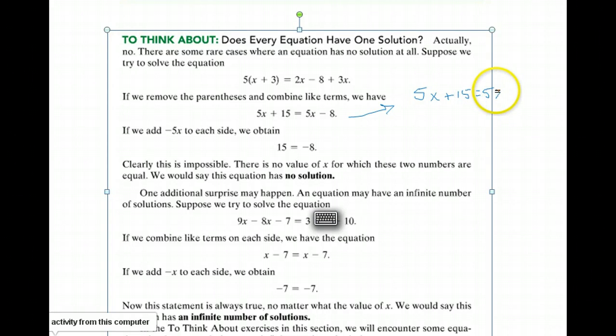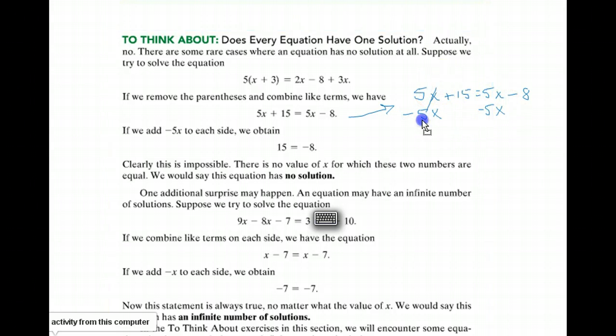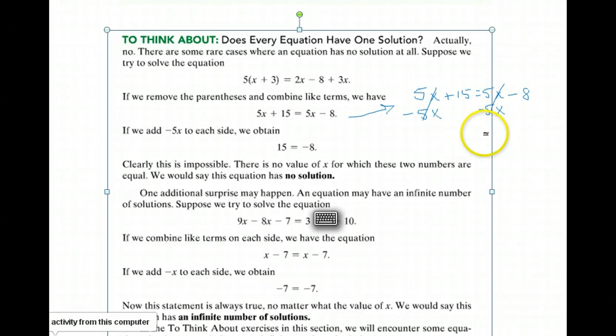equals 5x minus 8. As you're looking at this problem, your first thought is, well, I need to get my variables on both sides. So you start to subtract 5x from both sides. But the 5x's cancel, and we're left with 15 equals negative 8.